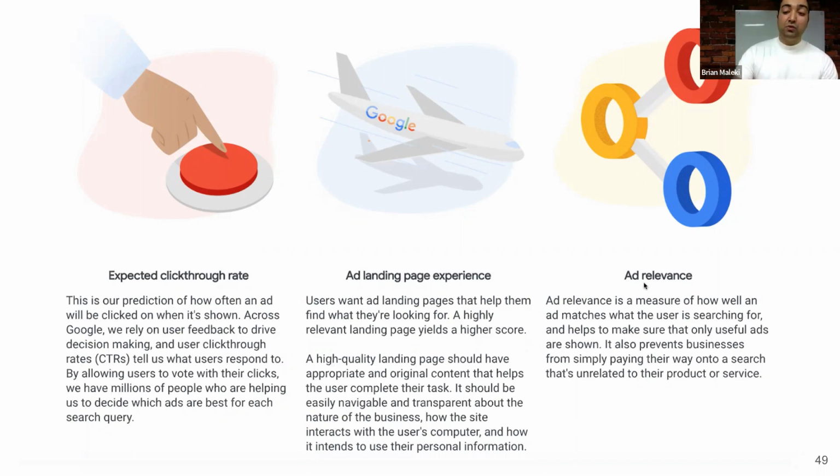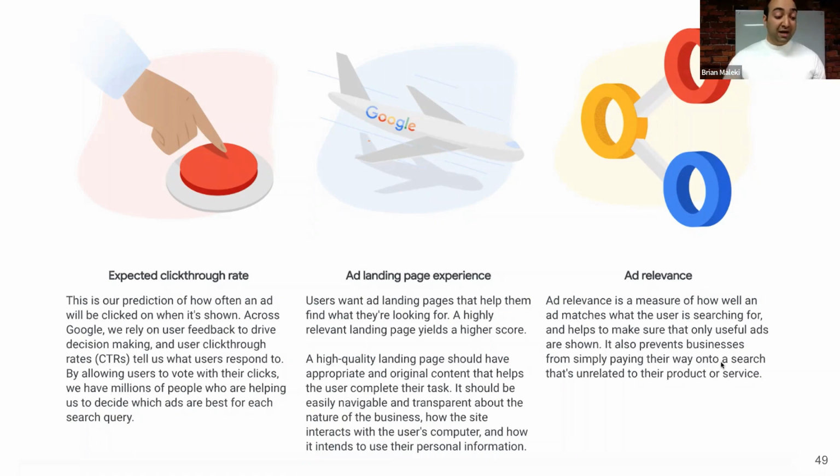Lastly is ad relevance. Ad relevance is a measure of how well an ad matches what the user is searching for and helps to make sure that only useful ads are shown. It also prevents businesses from simply paying their way onto a search that's unrelated to their product.